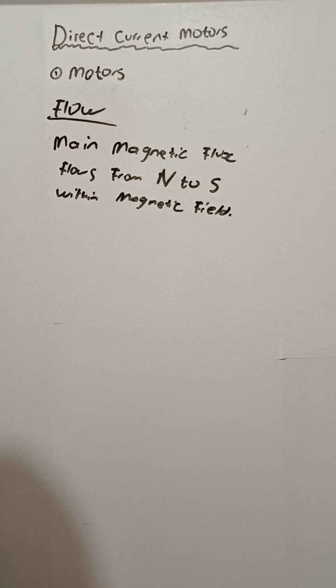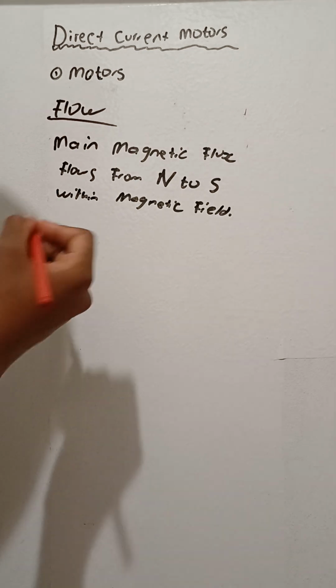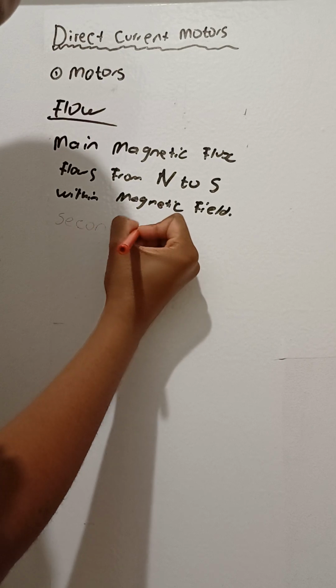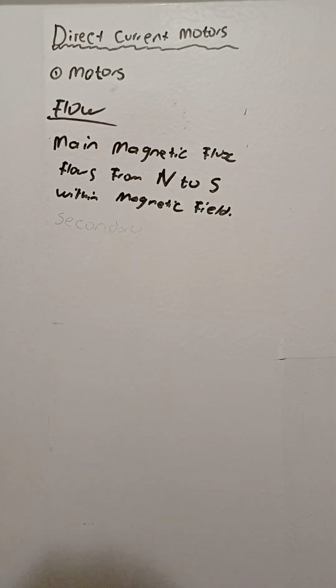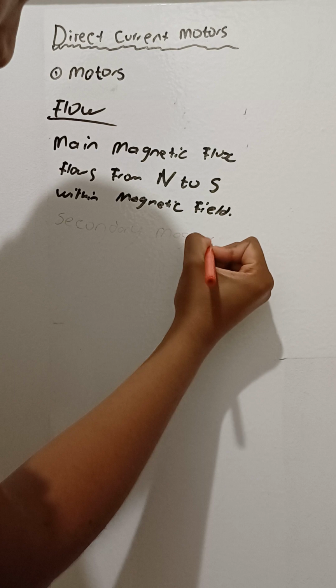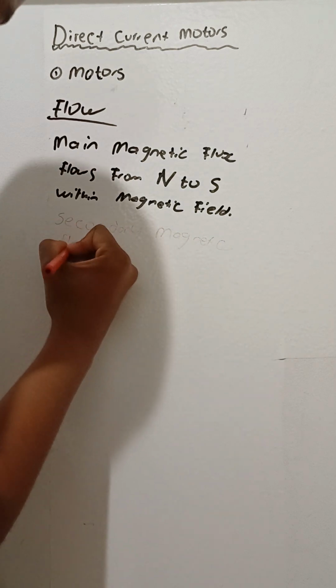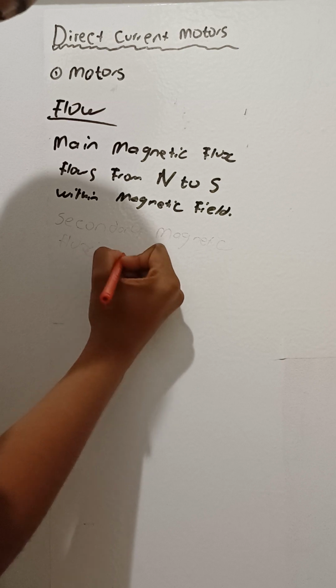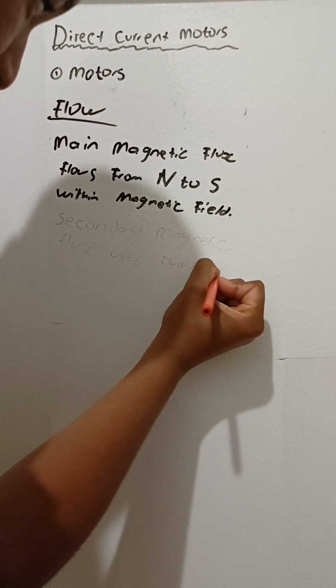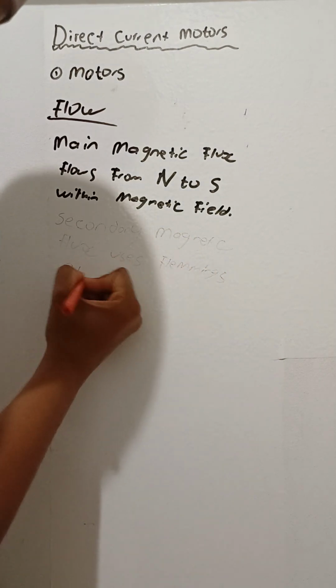So main magnetic flux flows from north to south within the magnetic fields, while the secondary magnetic flux uses Fleming's right hand rule.